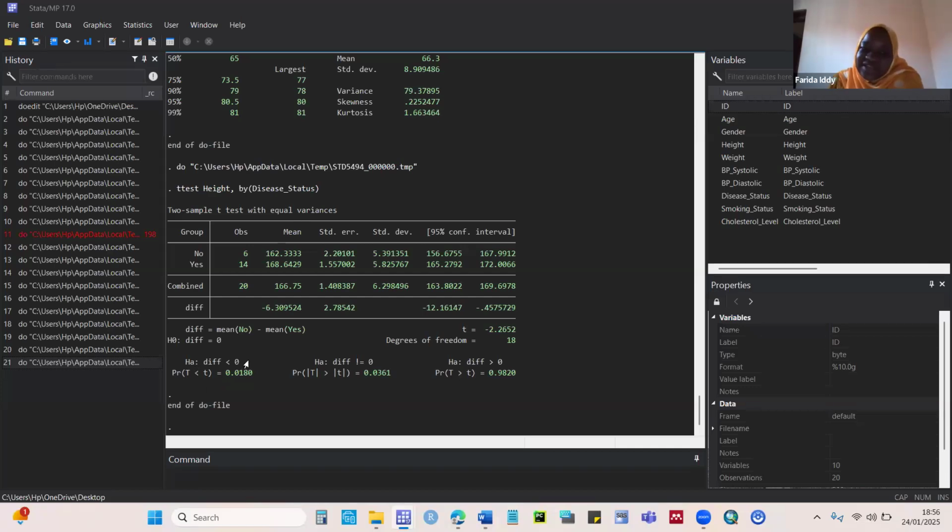But on the left side, we need to say the mean height for those who are not diseased is lower compared to the mean height for those who are diseased. And if we look at the p-value assuming the right side, it is not less than 0.05, so it is not significant.